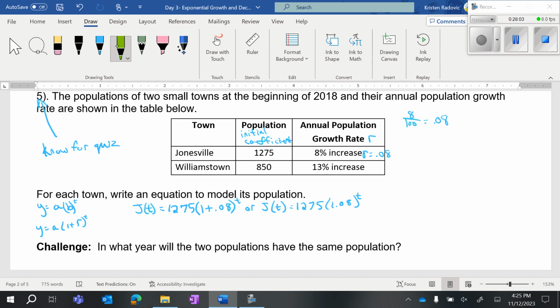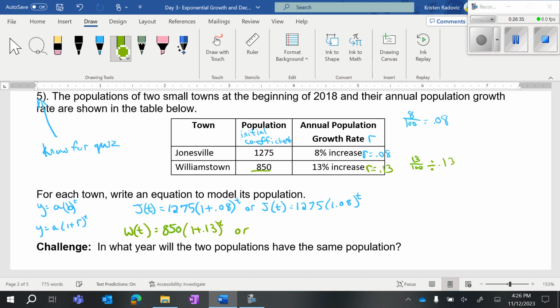The next one, Williamstown. You have W of t equals how much you're starting with. We are starting with 850. Now, you're increasing by how much? You're increasing by 0.13, 13%, or 13 divided by 100 is 0.13. So we have 1 plus 0.13 to the t.